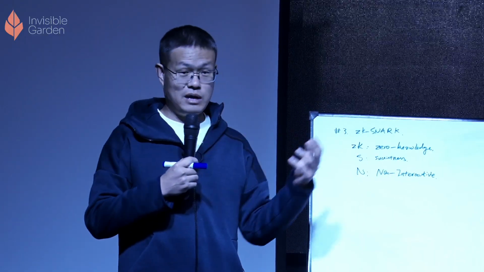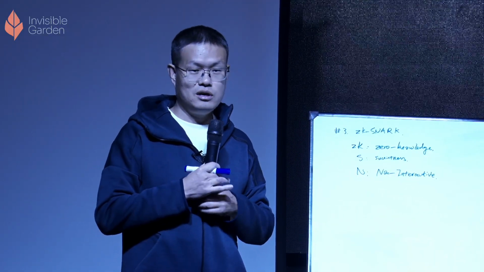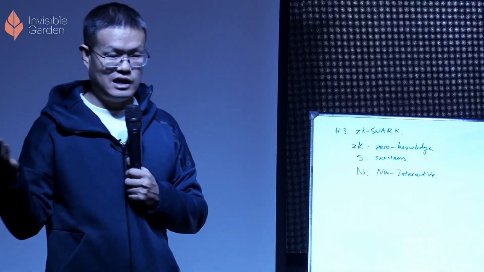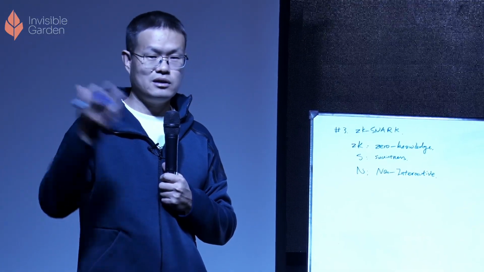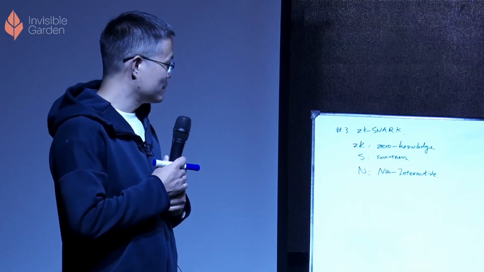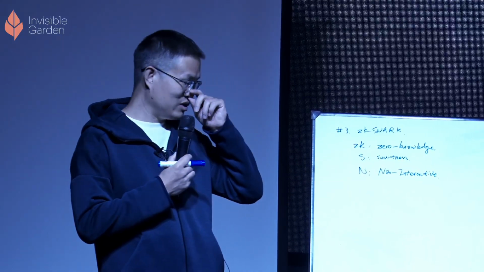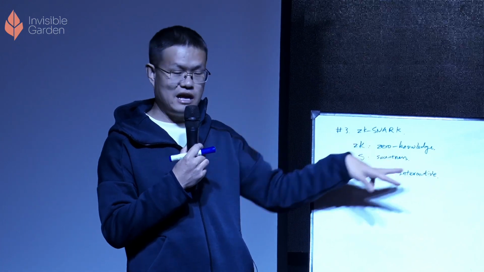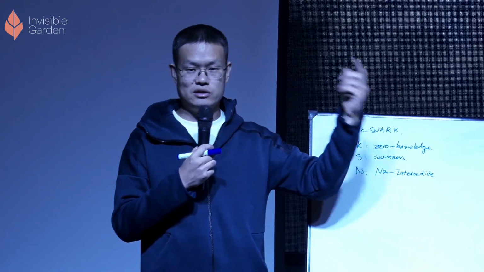In blockchain applications, the prover just does something offline, submits the proof and disappears. So non-interaction is very important. Non-interaction means one round of interaction.